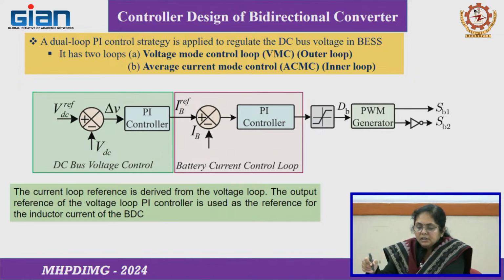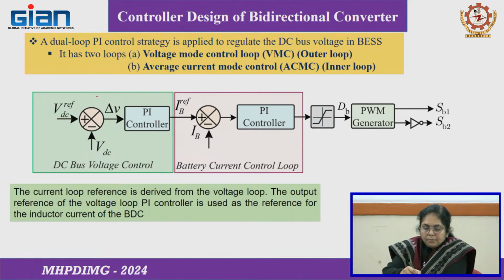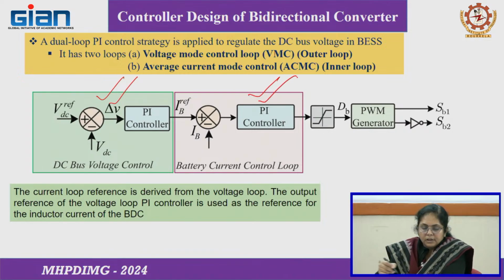The dual loop means we have an outer voltage control loop and an inner current control loop. The outer voltage control loop generates the battery current reference command, which is compared with the actual measured battery current and given to the PI controller, which generates a duty cycle. Practically, we need to limit the duty cycle.